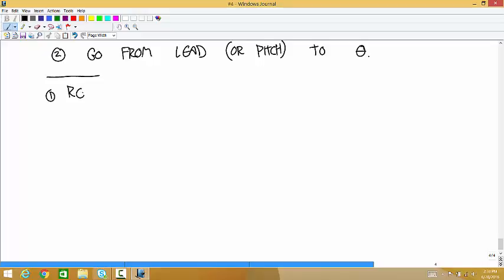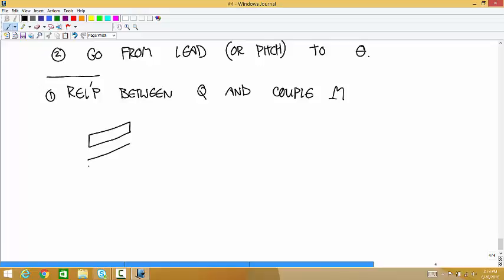So the first one is the relationship between Q and the couple M. And so if this is the screw, and this distance is the radius r, that fake force Q times r has to be equal to the couple.